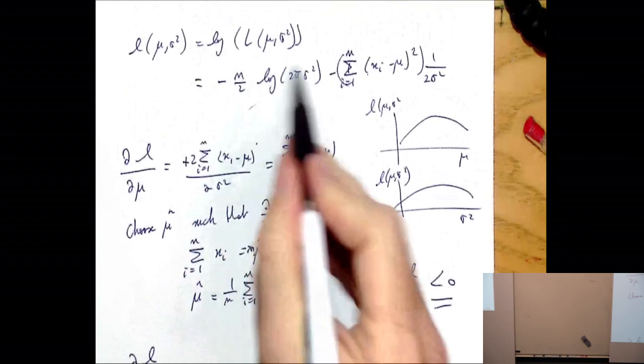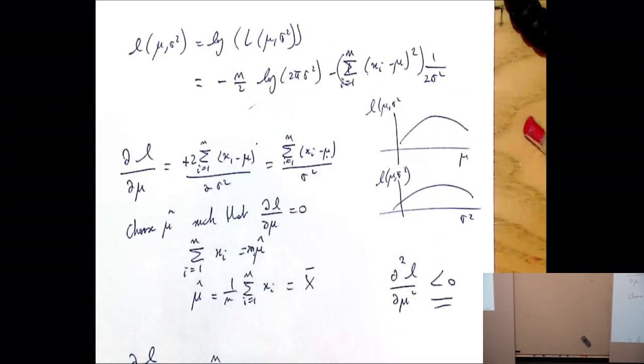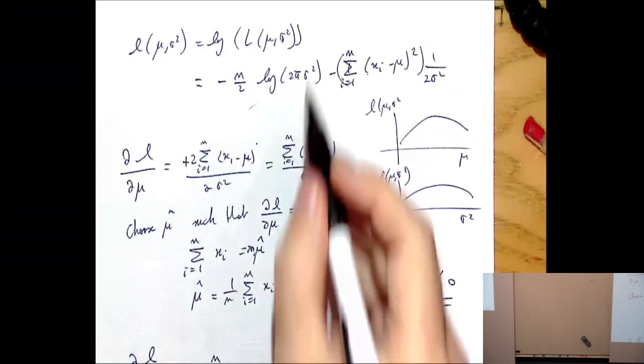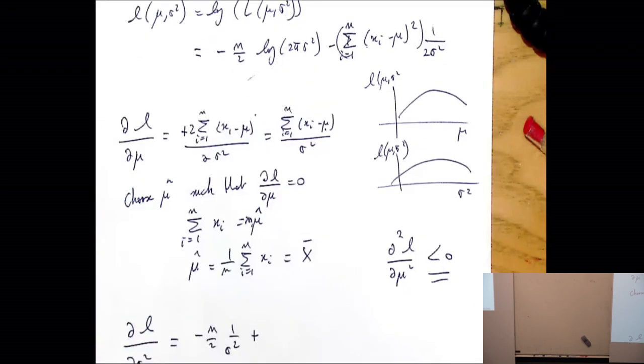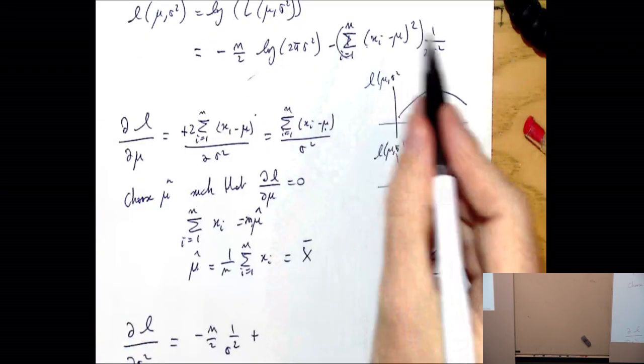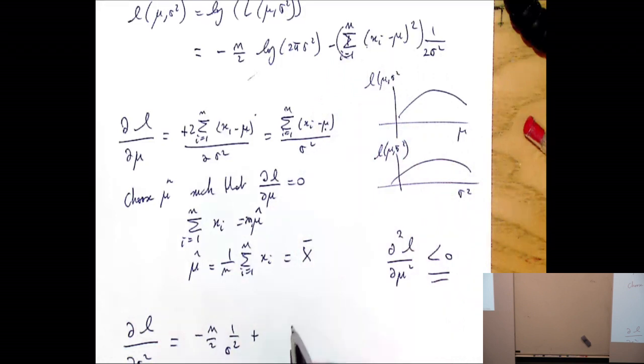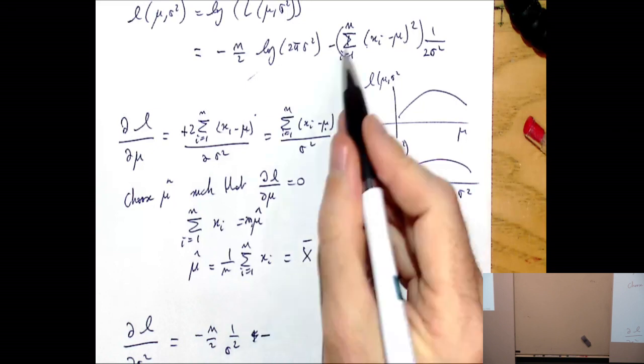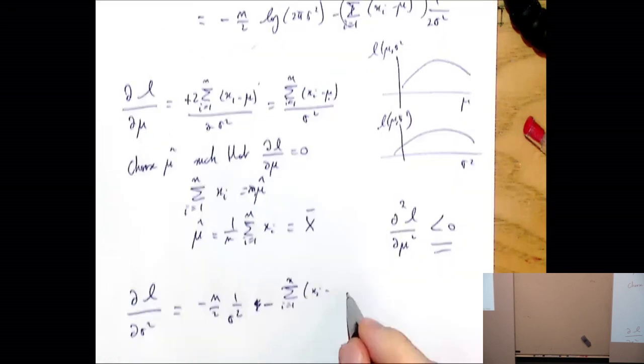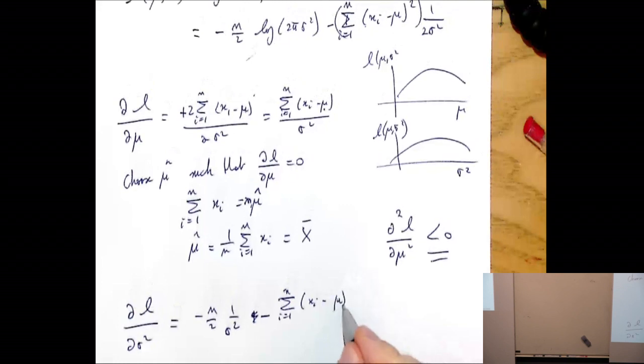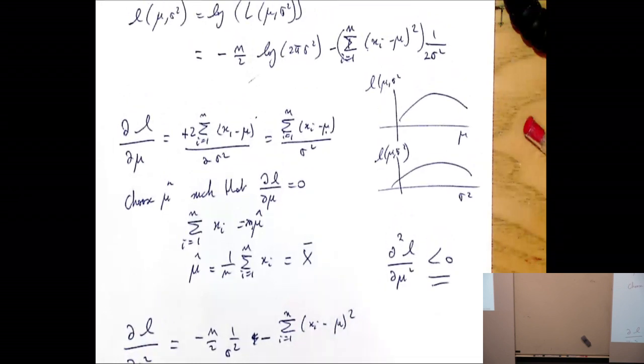The derivative with respect to sigma square is minus n over 2 times 1 over sigma square, plus, taking the derivative of the second term, the sum from 1 to n of (xi minus mu) square over 2 sigma fourth.